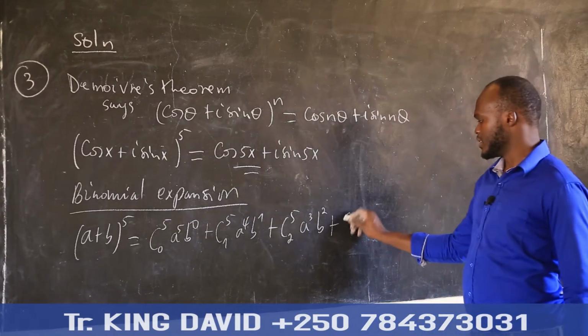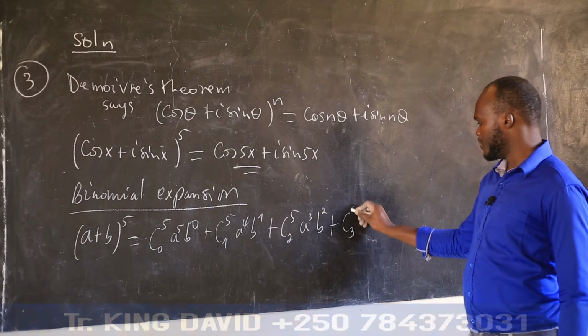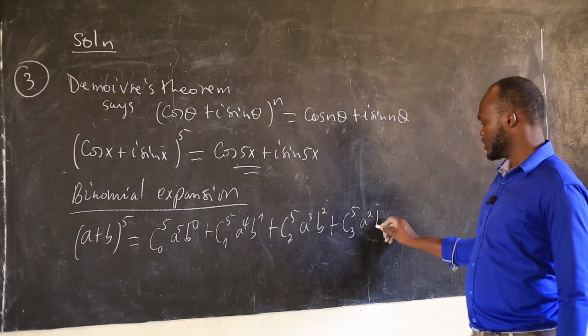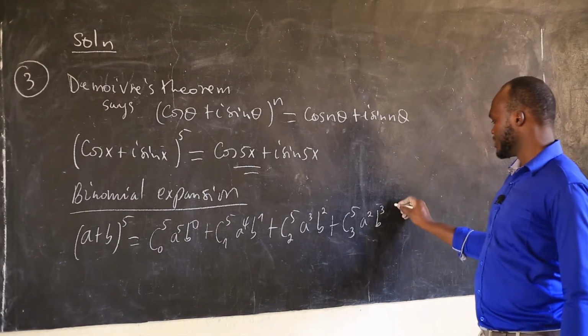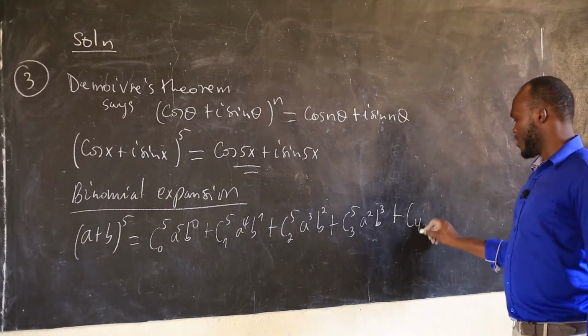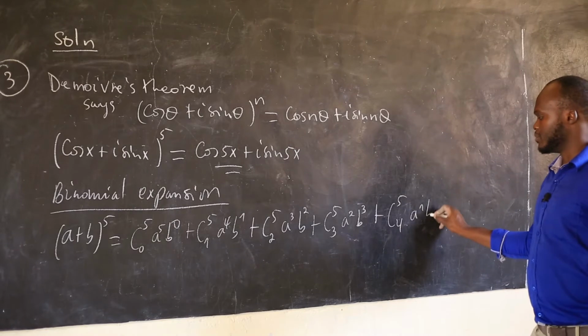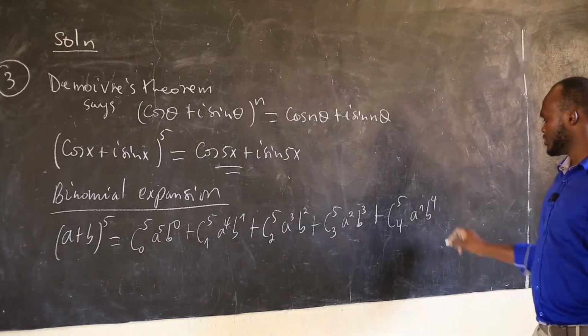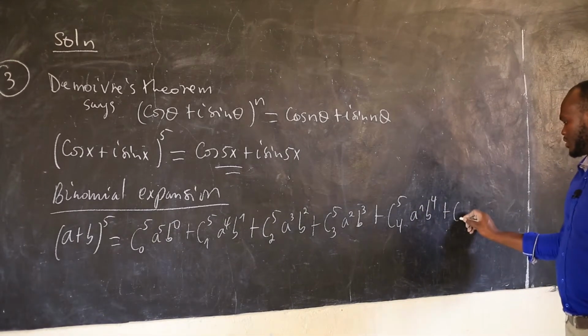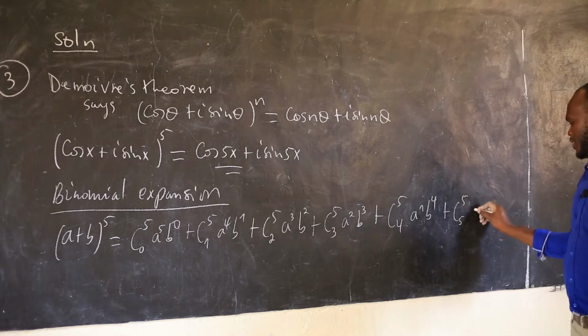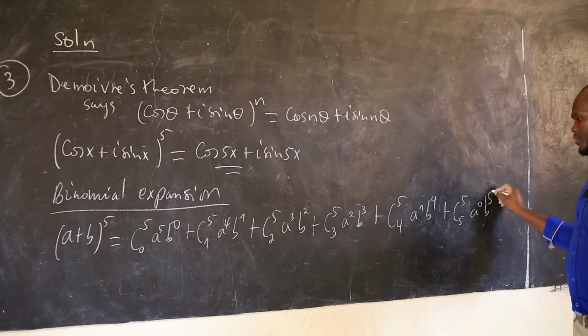Then plus C(5,3) a power 2 b power 3, plus C(5,4) a power 1 b power 4, plus C(5,5) a power 0 b power 5.